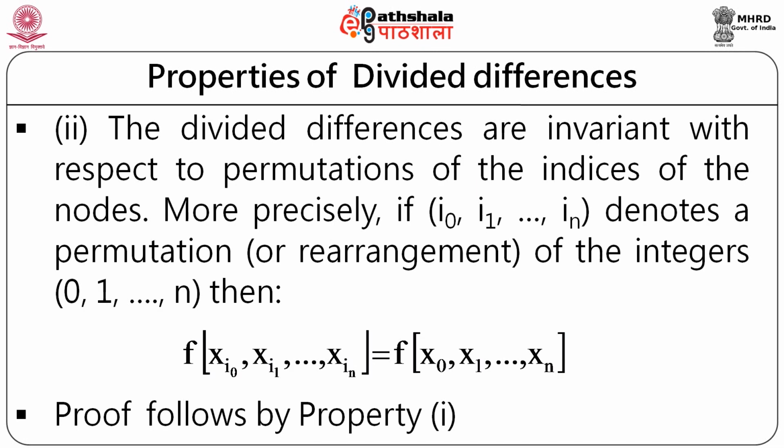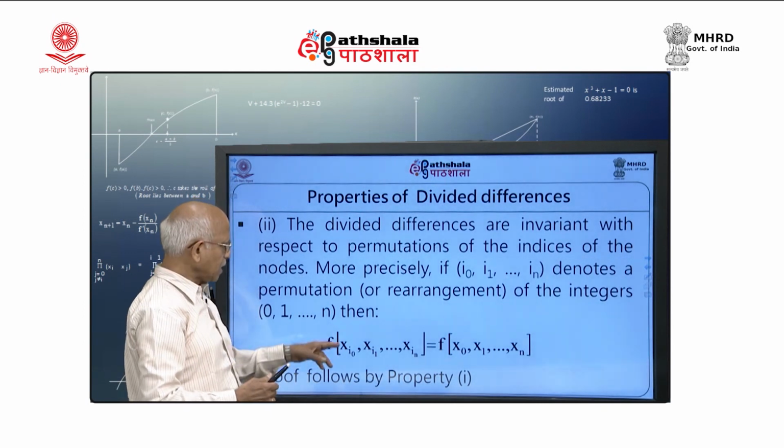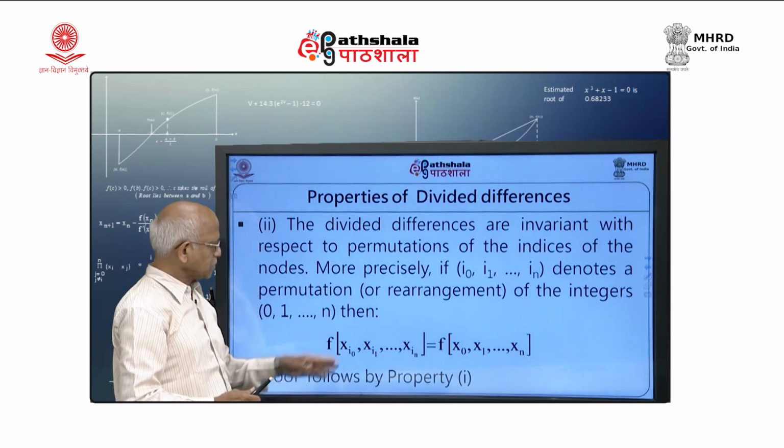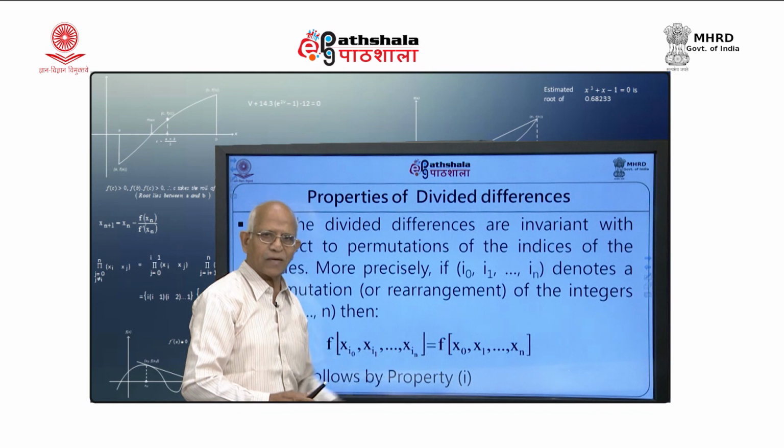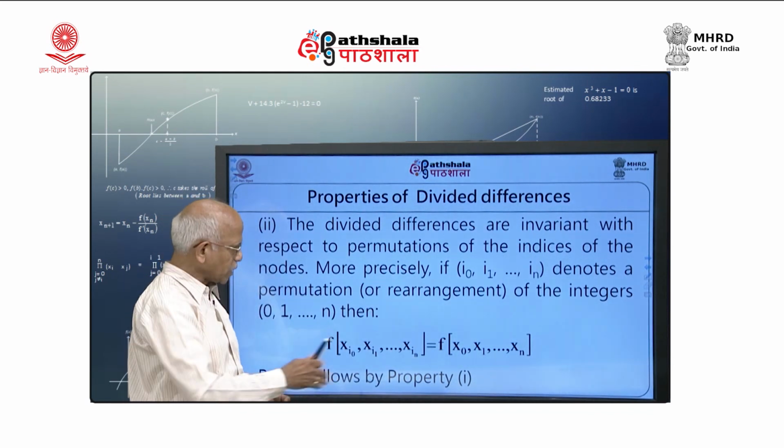Now, we consider the second property of the divided differences. It says that the divided differences are invariant with respect to permutation of the indices of the nodes. What I mean here is that if I rearrange these nodes in any manner and take the divided difference, that will be the same as the divided difference with the nodes in the x 0, x 1 up to x n order.